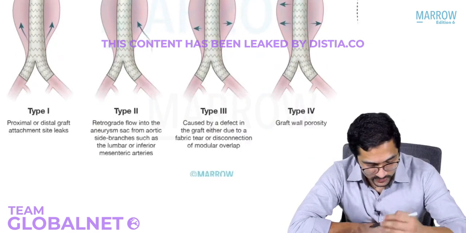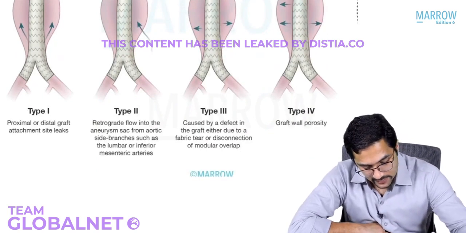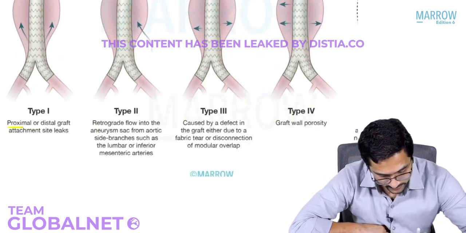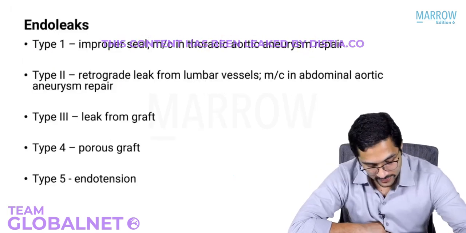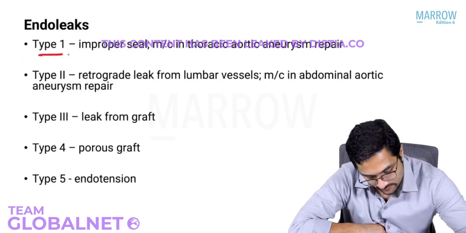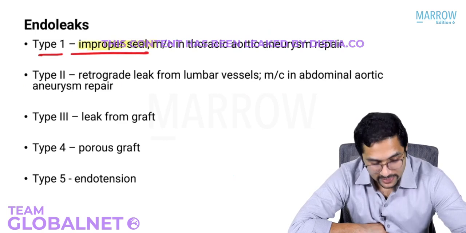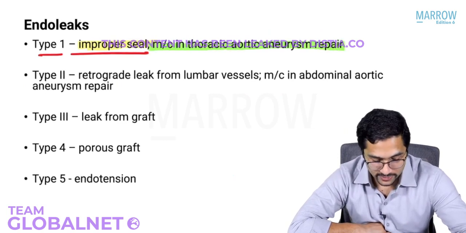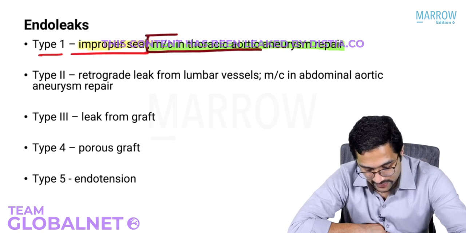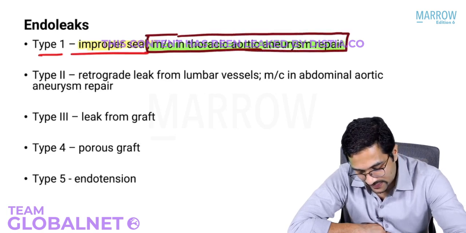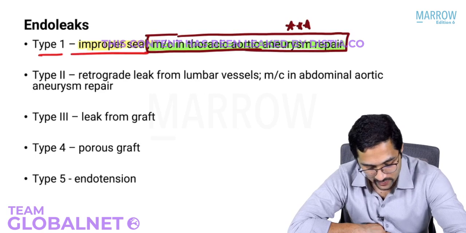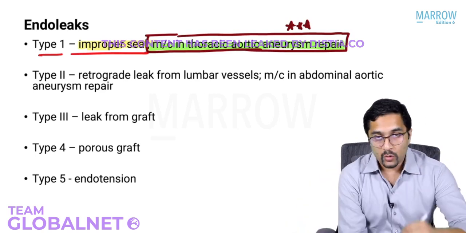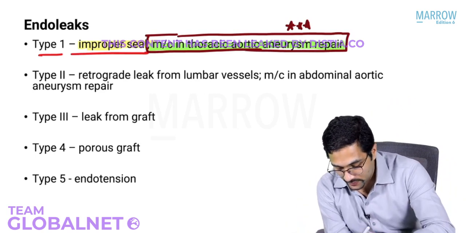Type 1 endoleak is proximal or distal to the graft attachment site, right? It is an improper seal which can give rise to type 1 leak, and this is the most common type of leak in thoracic aortic aneurysm repair. This has been asked in the INI SS exam as well. So type 1 is most common for thoracic aortic aneurysm leaks.